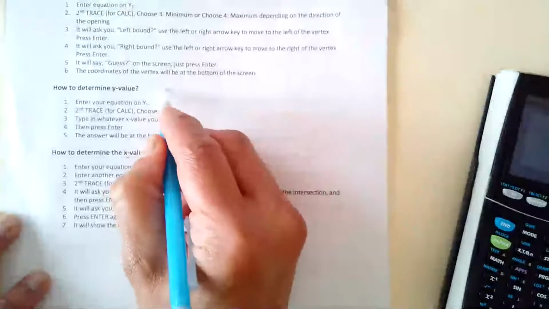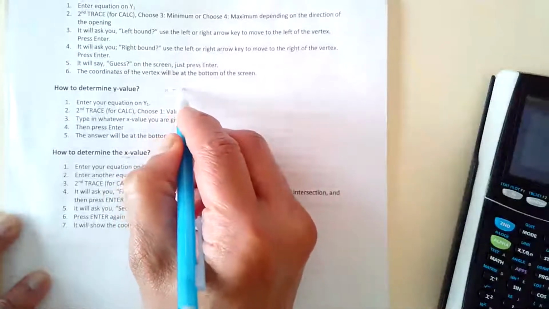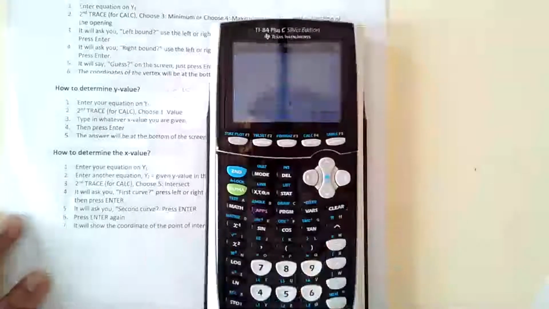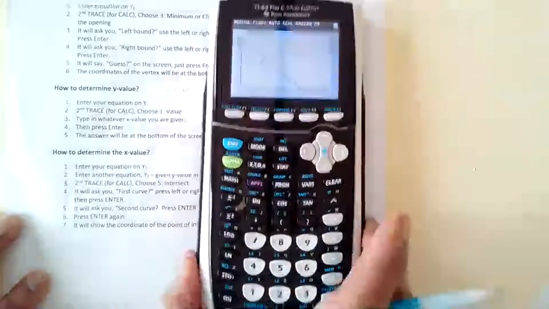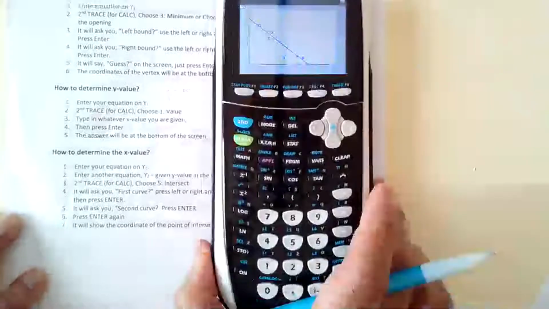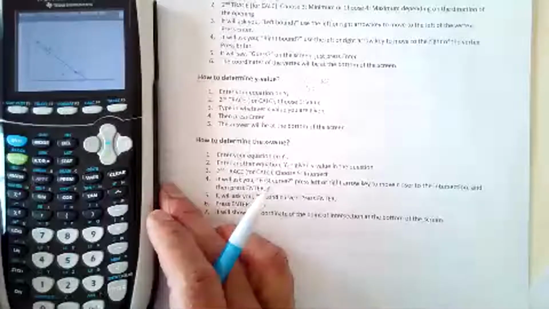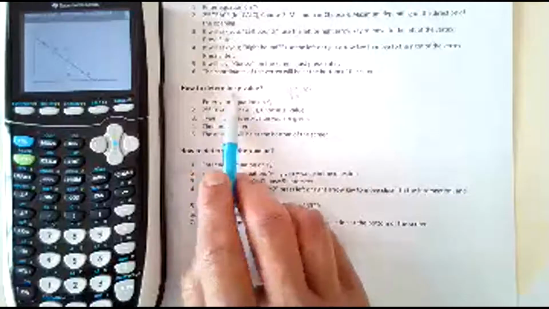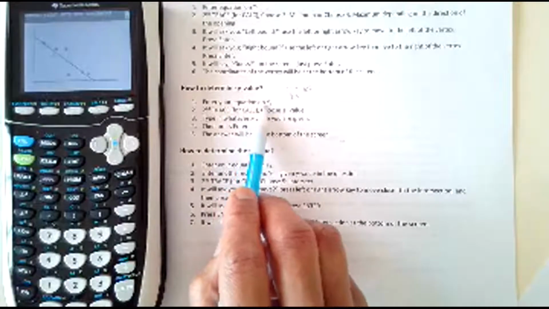Our x value is equal to 65. That's the value we need to find. So let's follow the instructions here. Here's my graph. To determine the y value, enter the equation in y1, which we already did.